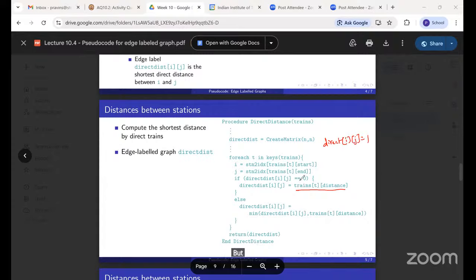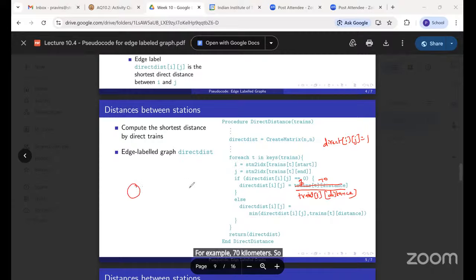But here, instead of initializing to 1, what I am doing is trains of t of distance. So instead of initializing to 1, I'm initializing with a distance, for example 70 kilometers.